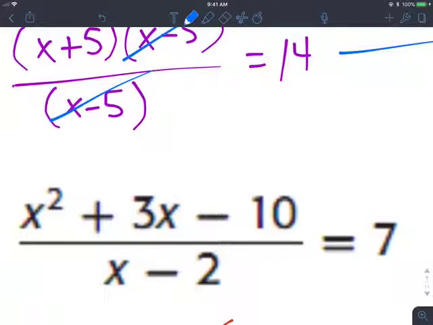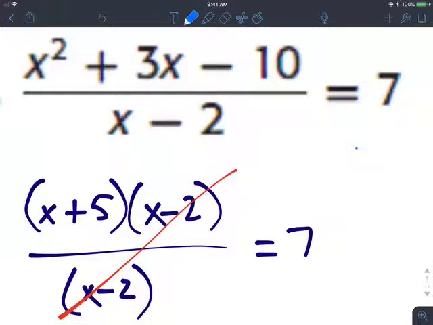What adds to 3 and multiplies to -10? 5, -2. First step, you factor.